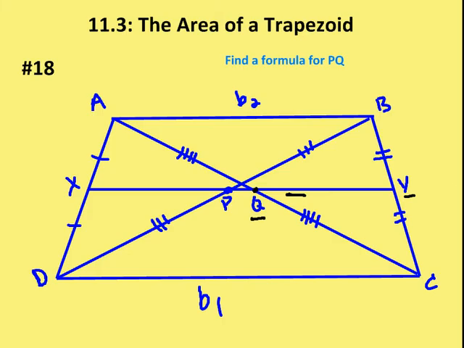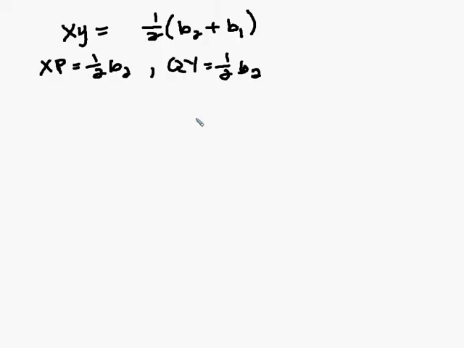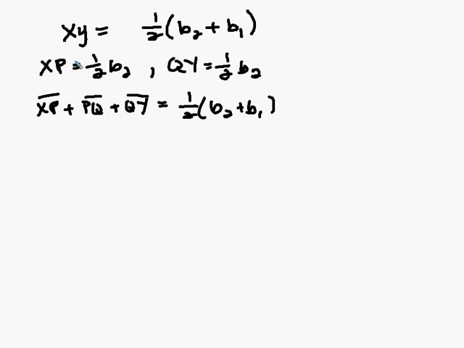Now, when I take a look at XY, I realize it's just the sum of certain segments, XP, PQ, and QY. So I can rewrite XY as XP plus PQ plus QY. And I know that those equal 1/2 base 2 plus base 1, because these three together are the same length as XY.